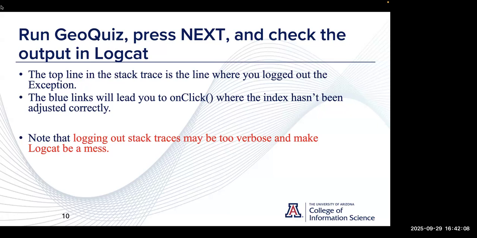This specific scenario is when we were removing a line from the GeoQuiz and then pressing next, and we would see the errors in the logcat. I'll show you right now in the logcat how that looks for us in our case for the BMI assignment 3. Okay.